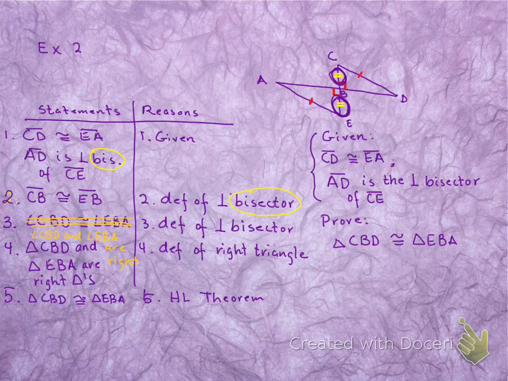Well, if I'm saying they're right triangles, I have to say that those angles are right angles first, which led me to getting rid of this part right here and keeping that part right there. Okay, sorry. Had to just move it a little bit, and it's still kind of crazy.